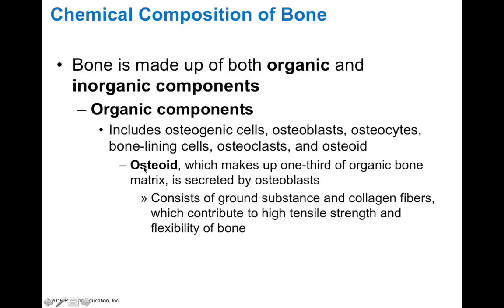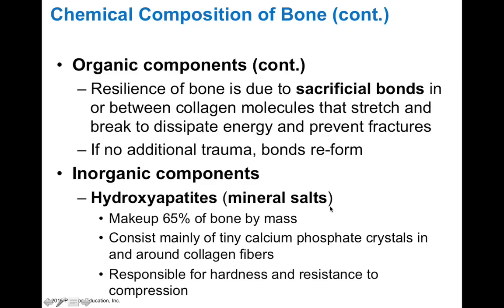Osteoid is the material that's secreted by osteoblasts. Osteoid is made of ground substance and collagen fibers. In the ground substance of osteoid, you've got calcium-binding proteins that help to make this mineralized later, and that helps to contribute to the high tensile strength and flexibility of bone because of all the collagen fibers as well.